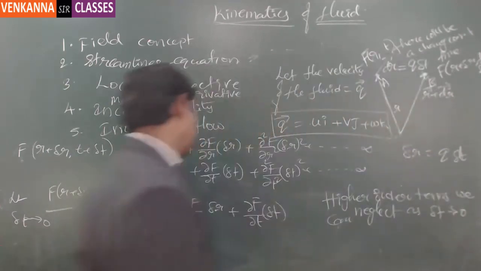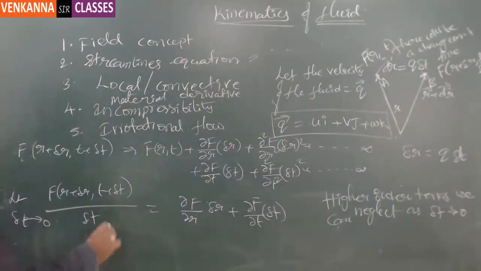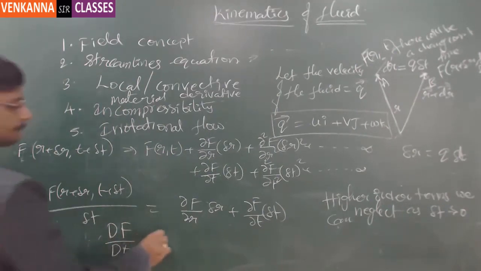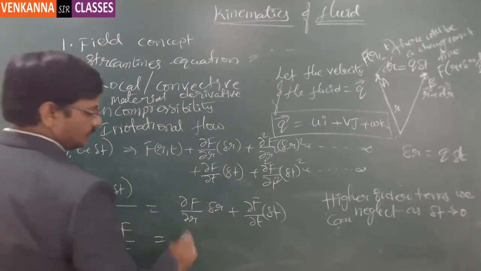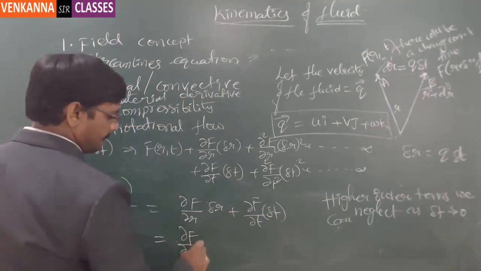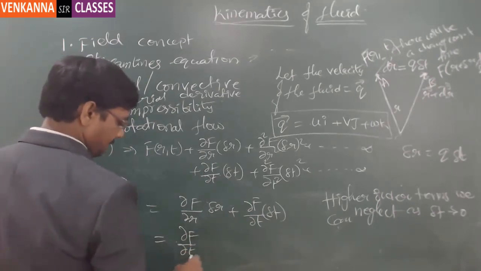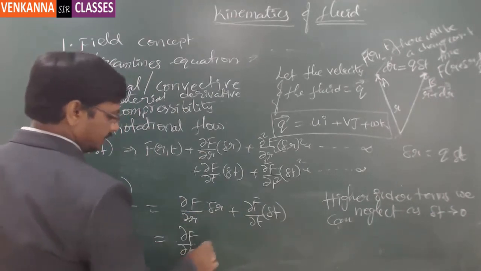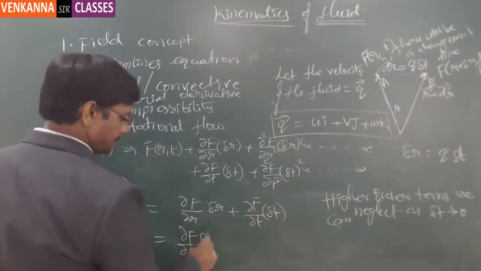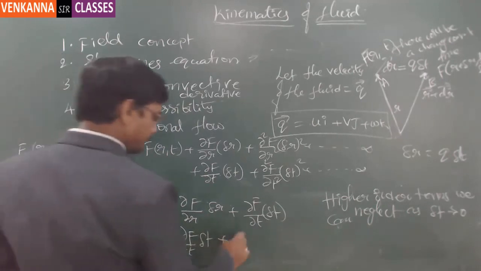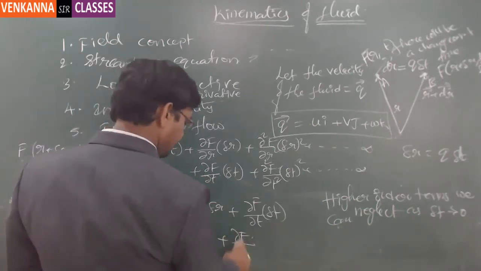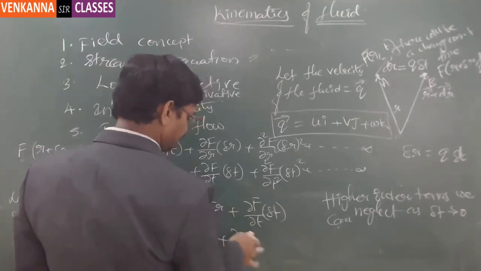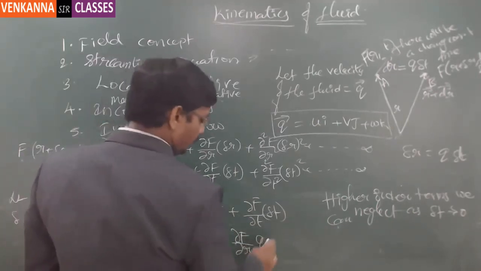Now this is nothing but df by dt. So this can be written as dou f by dou r into delta r, which can be written as q into delta t.